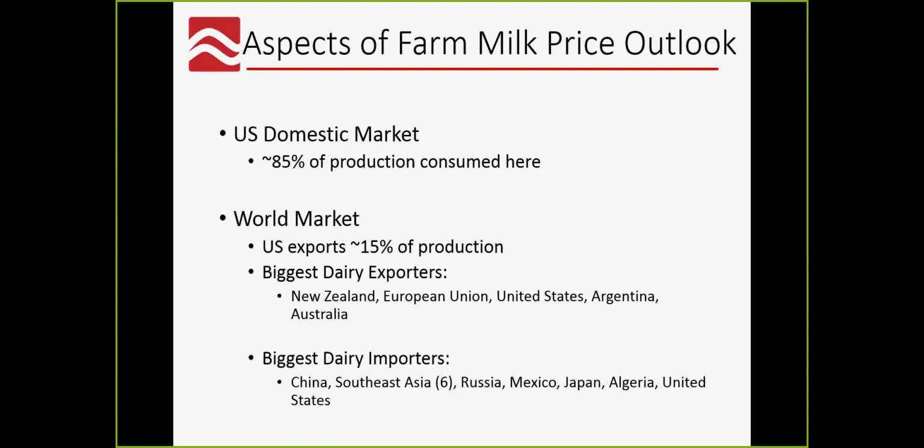The biggest dairy exporters in the world are the ones that we want to keep an eye on their production, and that's New Zealand, the European Union, the United States. Those three are the big gorillas. Then there's a drop off. Argentina has some role to play, probably more in future years, and Australia also, but the most important ones are the first three.